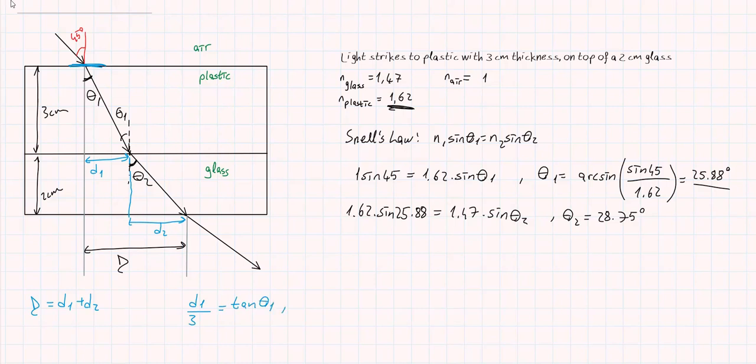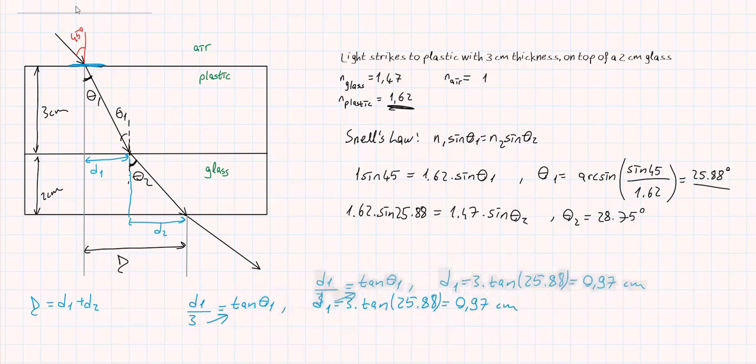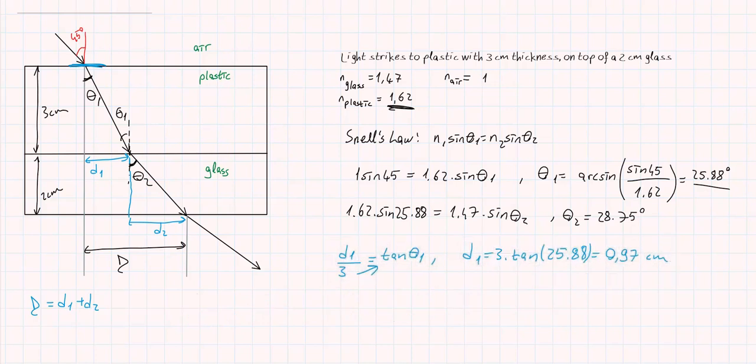So if I draw this on this side, I will see that D1 will be equal to 3 times tangent 25.88. If I do the calculations, I will find 0.97 centimeters. For D2, I will do the same thing. But this time, D2 will be 2 times tangent theta 2, because this is 2 given in the question.